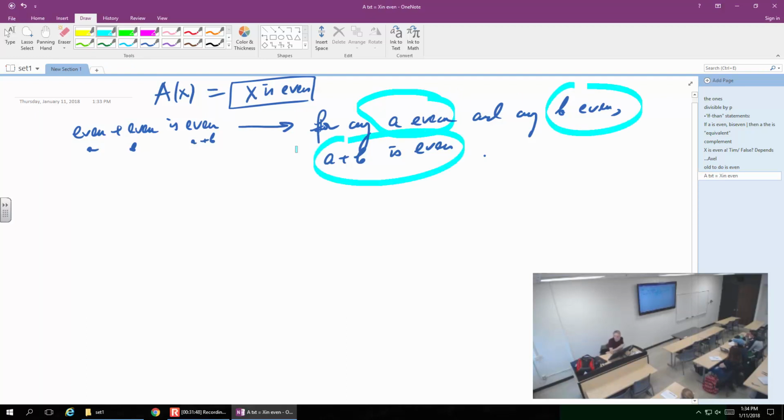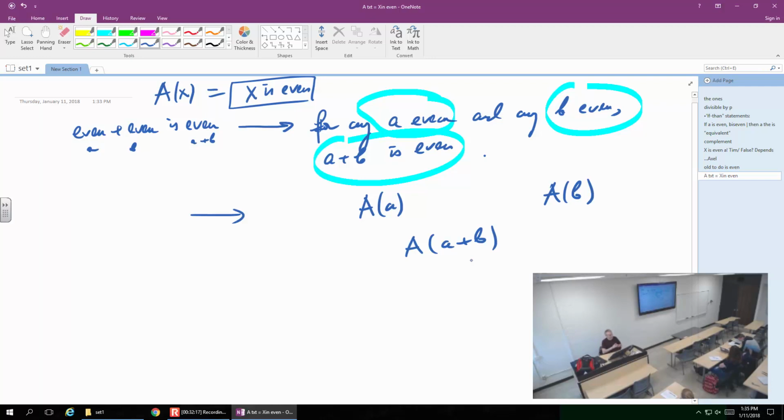Let me take it and put it in the form of A. The first circle is a: a is even is now translated as A of a, exactly what it says. This is A of b, and finally A of a plus b. So these three statements have now been translated into the language of A.